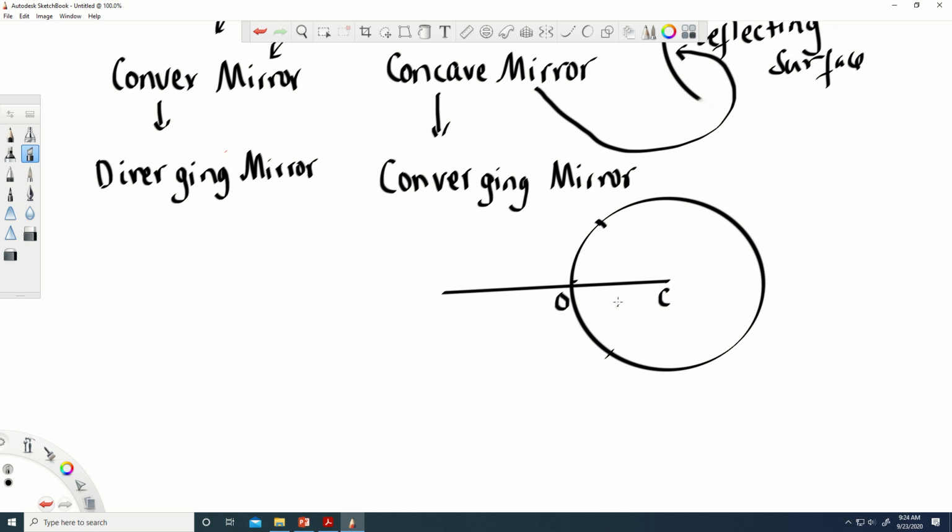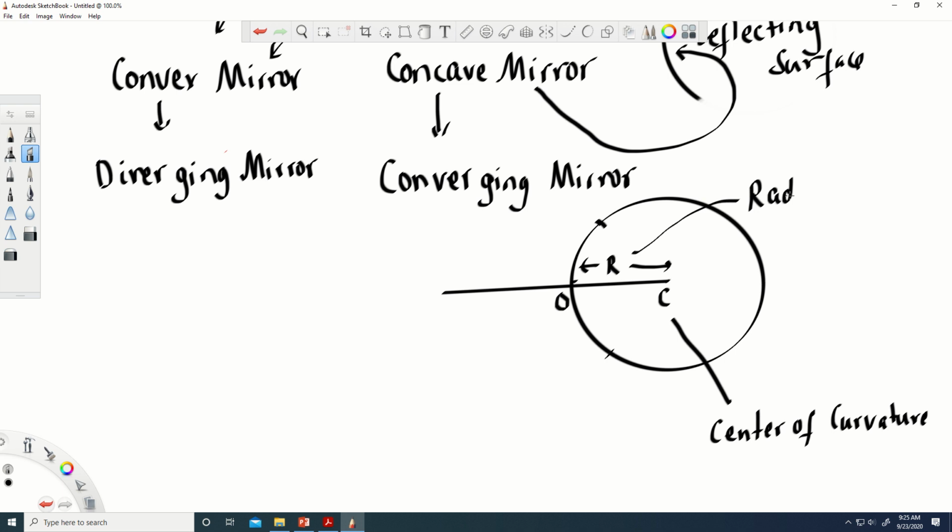Okay, and the distance between the center of the mirror and the center of the sphere from which the mirror is extracted is called the radius of curvature. This C is called the center of curvature. It's the center of the sphere. This distance is the radius r, which is called radius of curvature.